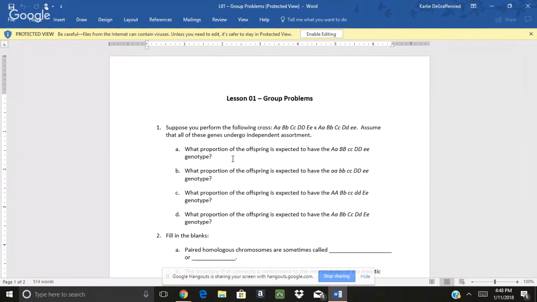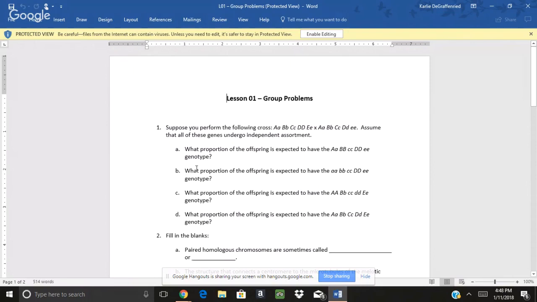And the answer that I got for that was 0.0078. And the way that I got that was 1/2 times 1/4 times 1/4 times 1/2 times 1/2. If you do the Punnett square for each of those alleles, those are the fractions that you're supposed to get, and then when you multiply all those fractions out, you get that proportion.